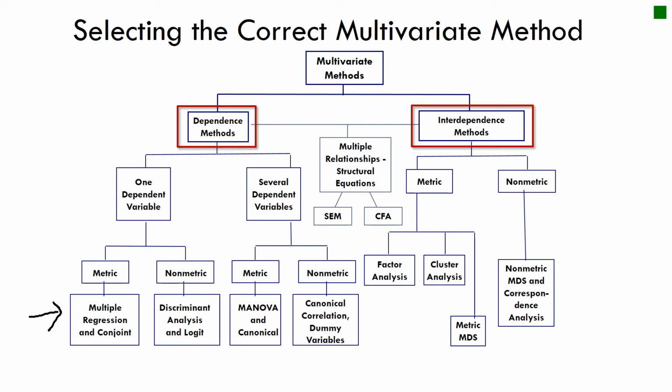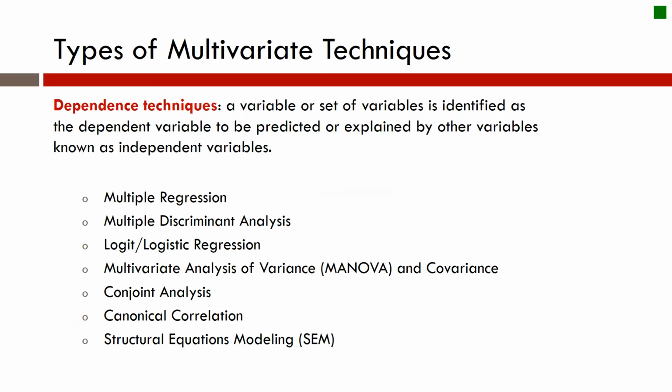So like for instance, one dependent variable versus several dependent variables. So the number of variables that you have and the type they are, and then whether they are metric or non-metric. So that would be the thing to look at to help identify the different types of methods that we will move forward with.